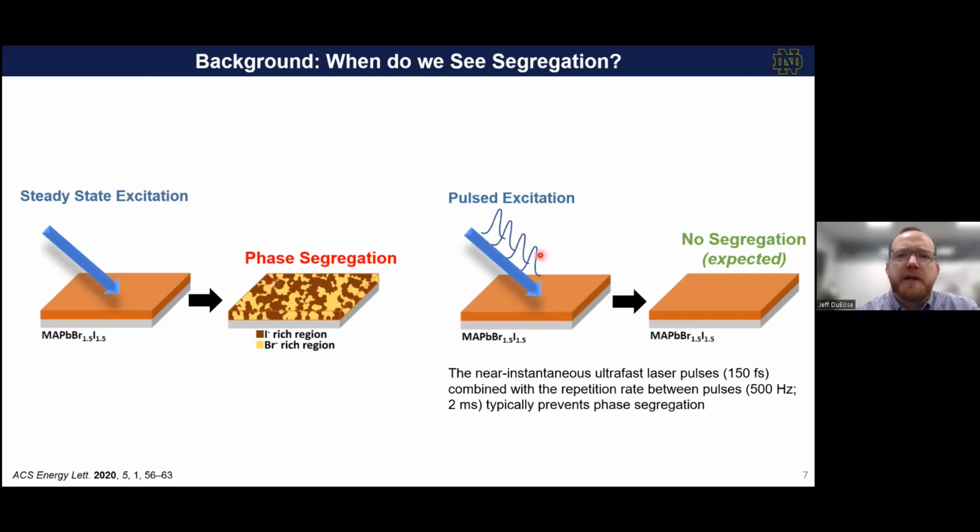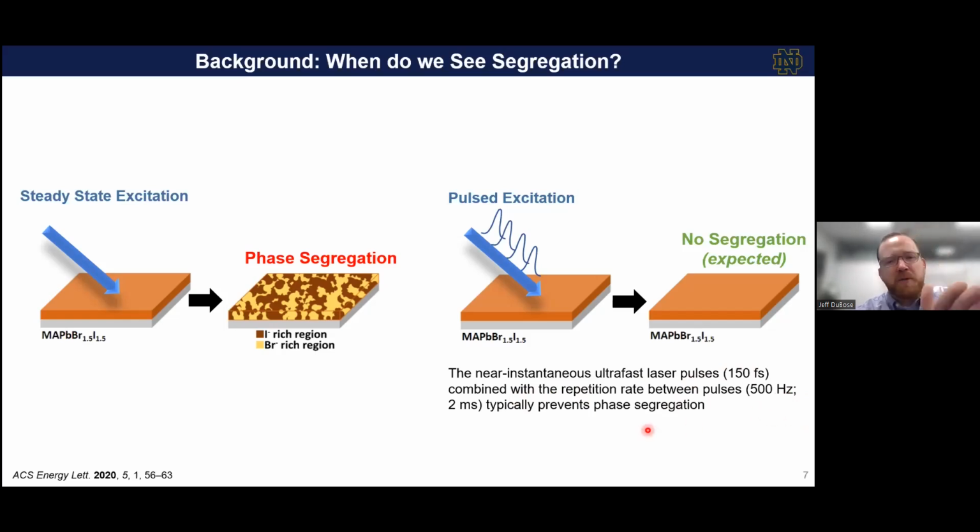When we're doing spectroscopic experiments like transient absorption, which uses pulsed laser excitation, we have near instantaneous laser pulses that are only 150 femtoseconds in pulse width. For all intents and purposes, this is an instantaneous excitation. Between the pulses there is a large dead time, dictated by the laser's repetition rate, meaning how often the pulses in the pulse train come in, which for our laser setup was 500 hertz.